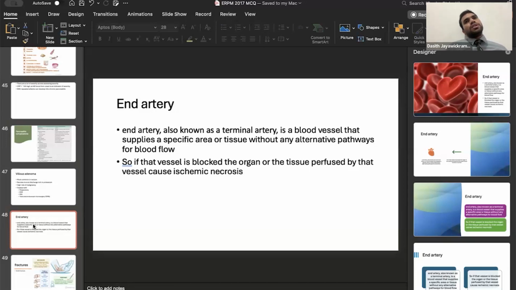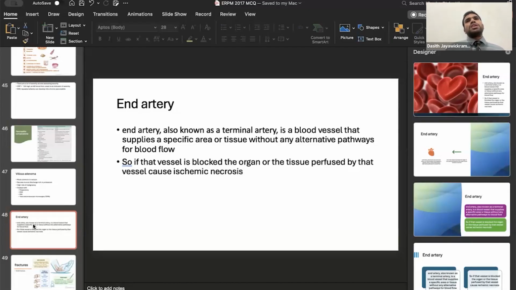Appendicular artery, yes, again it's an end artery. It is a continuation of the ileocolic artery. That is the reason why appendicular necrosis happens. With inflammation, the appendicular artery forms a thrombus and gets blocked.